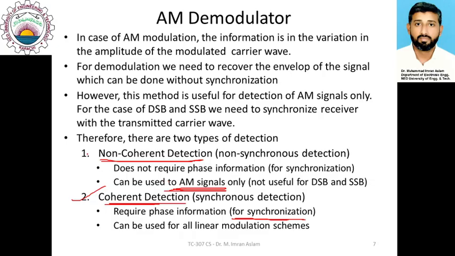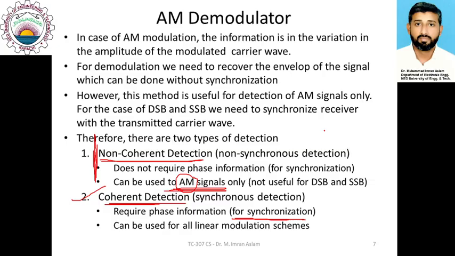You can easily see that the basic AM is easier to detect because it does not require any specific synchronization mechanism. From the hardware and implementation point of view, non-synchronous detection is very easy and convenient.